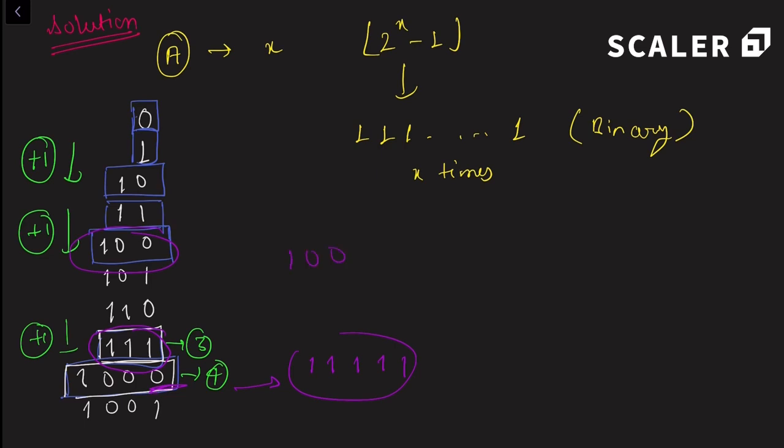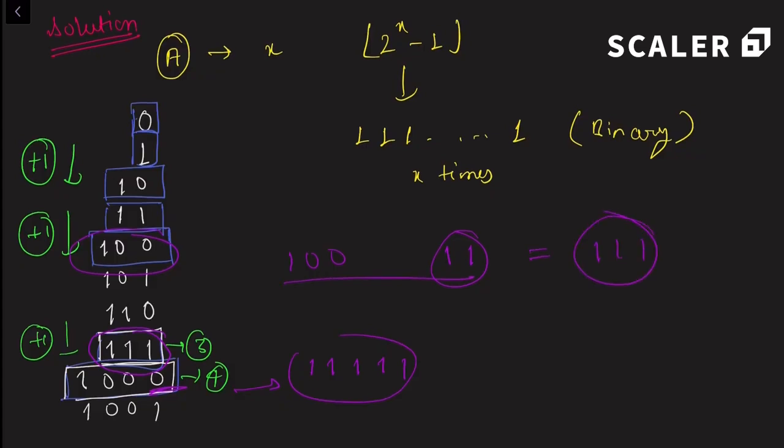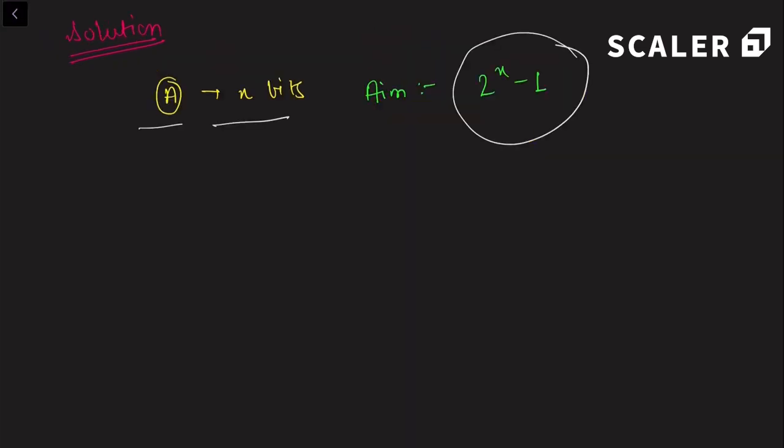Then I am sure that my range from 1 to this number will also include 1 1. So I can always make 1 1 1 out of it. That's why I said, given a number a which has x bits, I can make this number, and that number is 2 raised to power x minus 1.